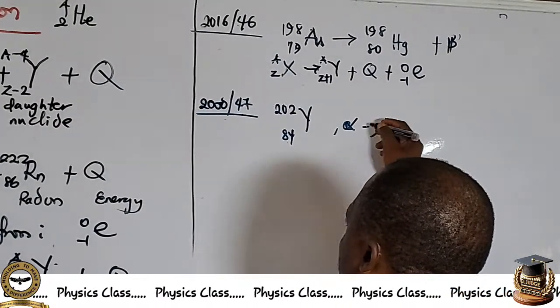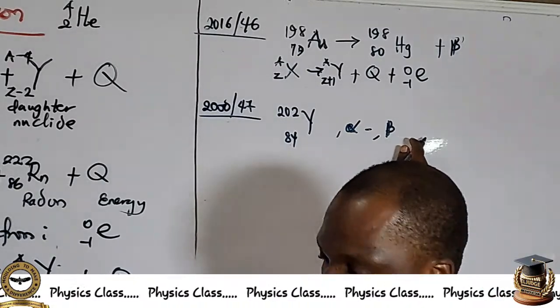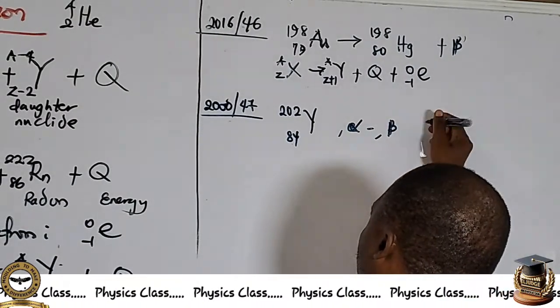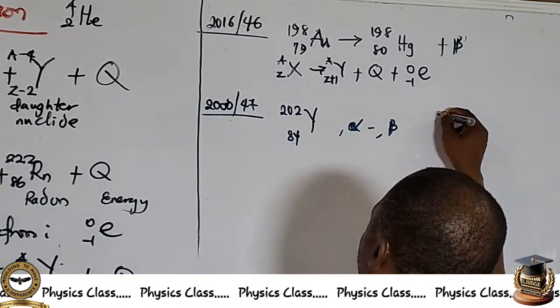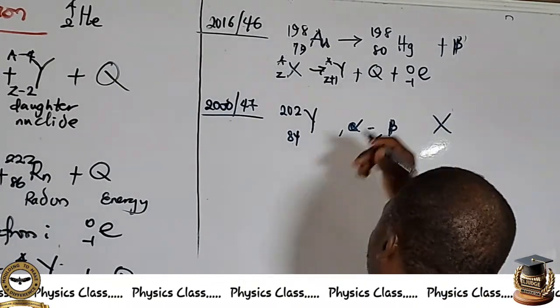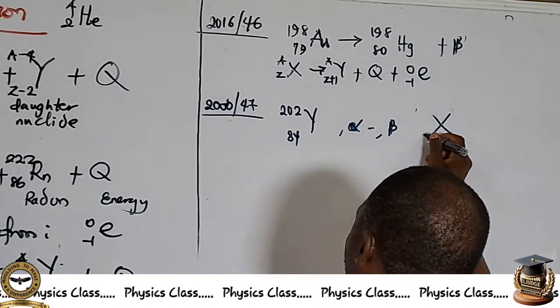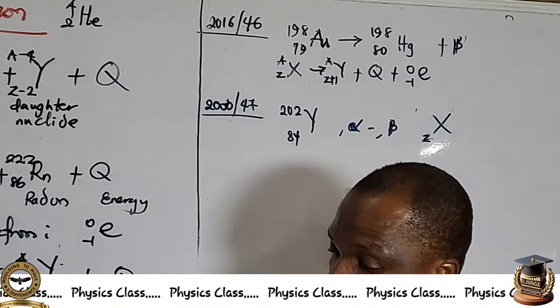That means one after the other. The atomic number of the resulting nuclide is? So we are looking for the resulting nuclide, so we are looking for the Z of this.